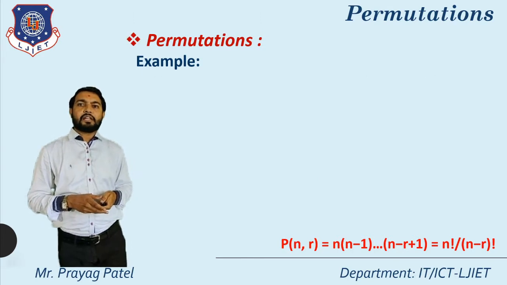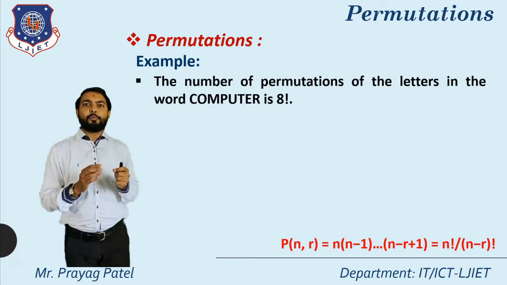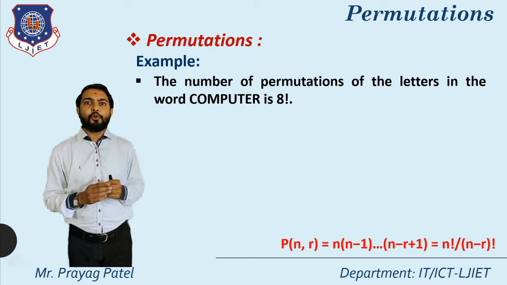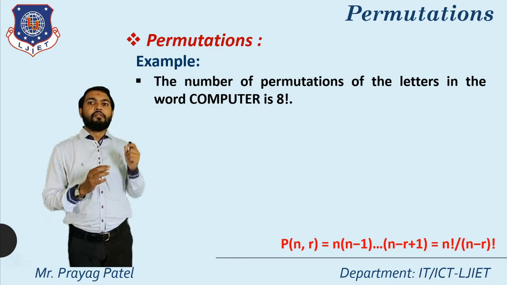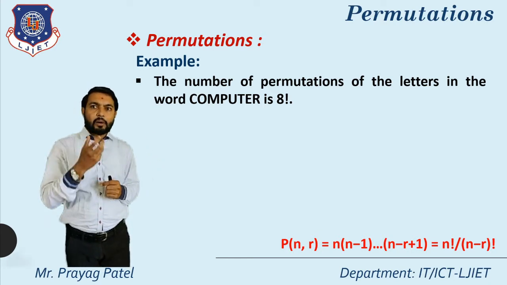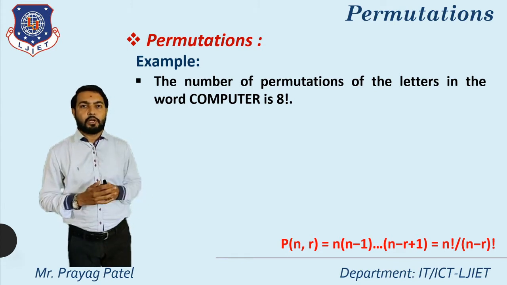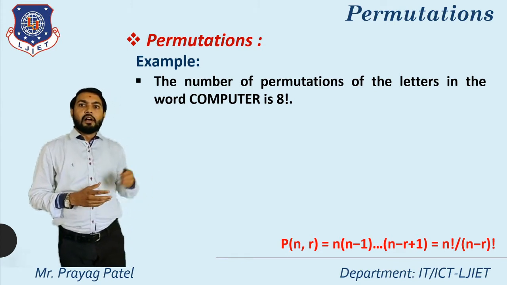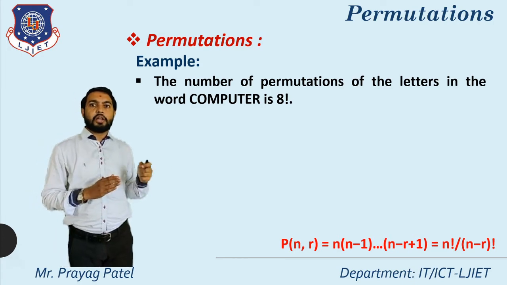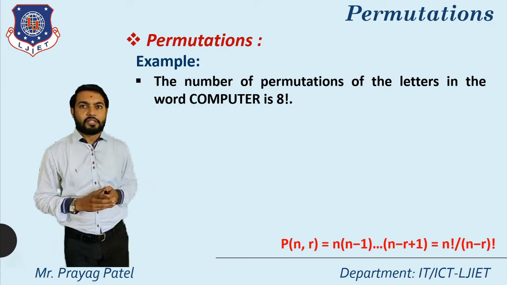Now after that, understand this second example: the number of permutations for the word COMPUTER. For the word COMPUTER, you have to find how many permutations are possible. So here we can say that 8 factorial is our answer.